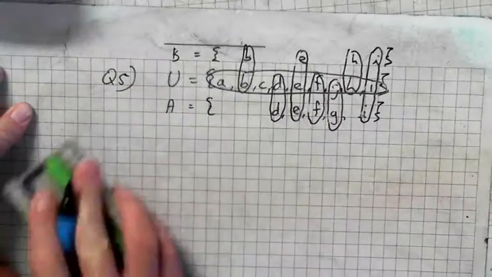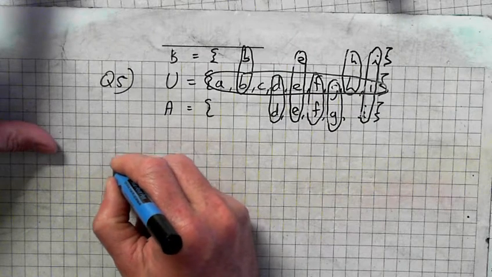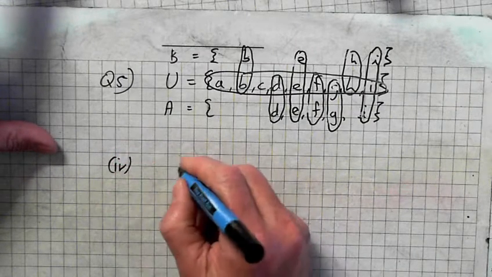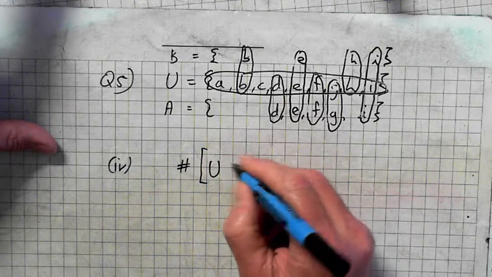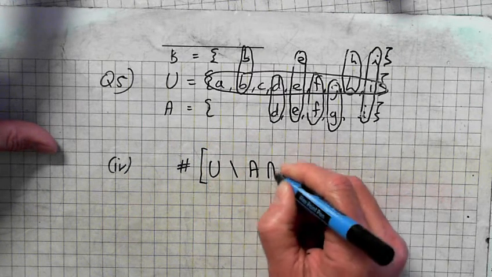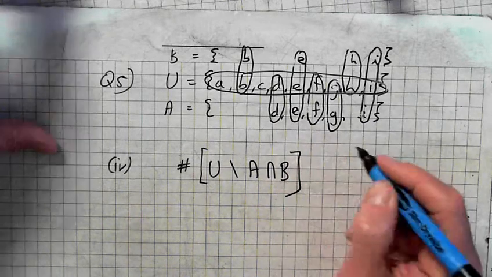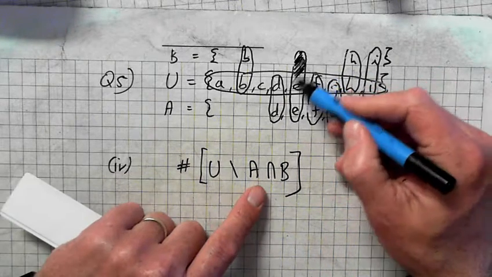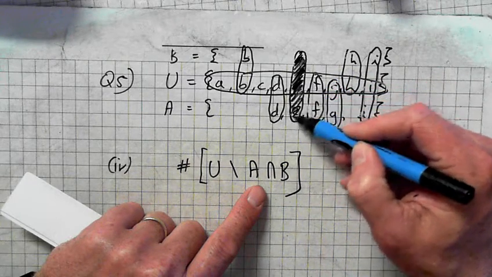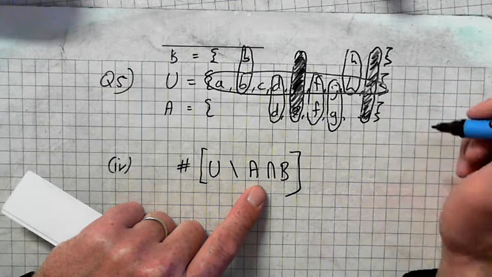Alright, and then part V. So the universal set less A intersection B. Where's A intersection B? A intersection B is E and I. I don't want those.